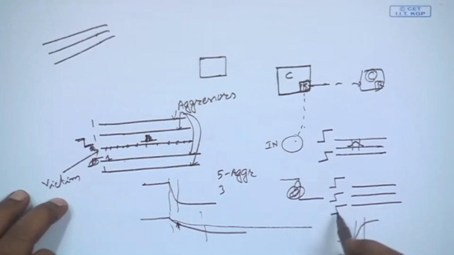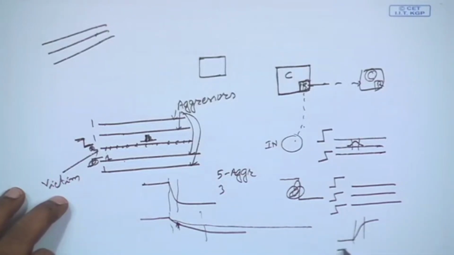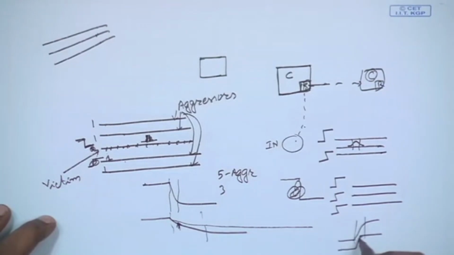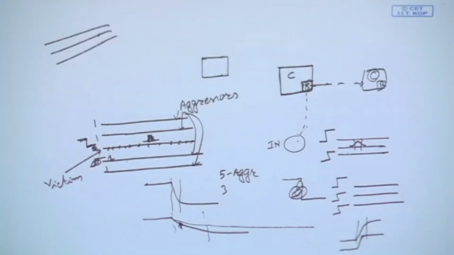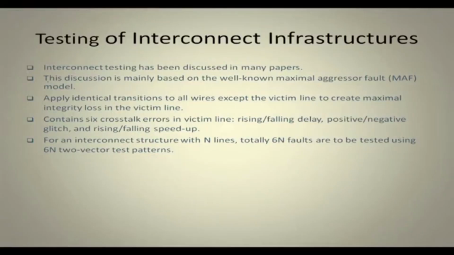But due to the fact that these lines are also making transitions, it may be speeded up. It will do the transition much faster. So, that is the speed up that can occur. Apparently speed up does not seem to be a problem, but in some cases it may create some difficulty.